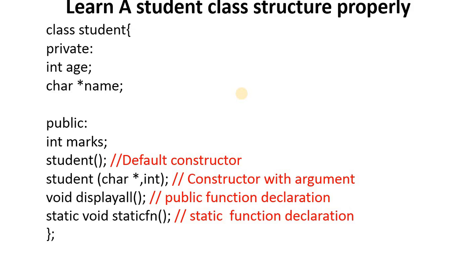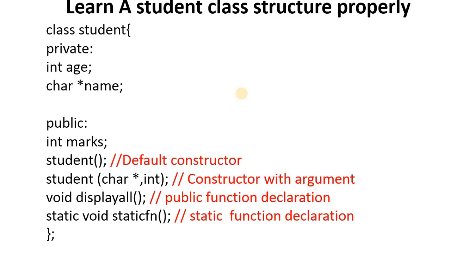Suppose you write a function in the name of the class itself and put brackets like student. This is called a default constructor, a constructor with no arguments. Remember, this is a function in the name of the class but with no arguments, and this function gets executed whenever you create an object of this class student. This will be the first function which will be executed.